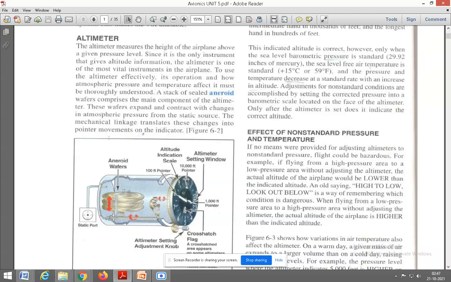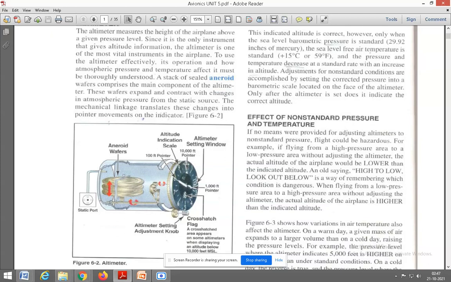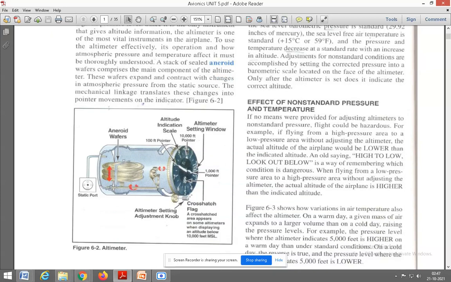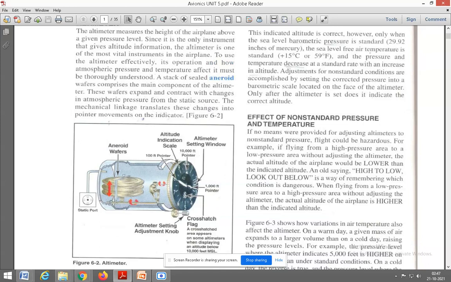A stack of sealed aneroid wafers comprises the main component of the altimeter. See here, this is your altimeter, which is going to measure the height of your airplane with a given pressure level. This is the only instrument in the airplane which measures the height of the airplane.